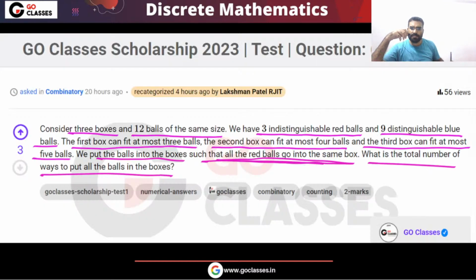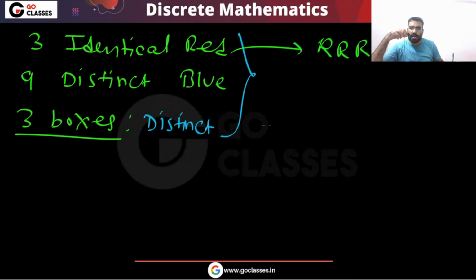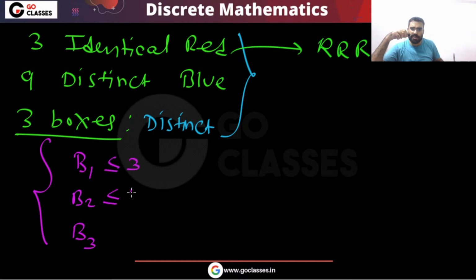Now tell me. All the red balls should go into the same box. Either they can go into the first box B1, or they can go in box B2, or they can go in box B3. Box B1 has capacity of at most 3, this has capacity of at most 4, this has capacity of at most 5. So I will have to consider 3 cases. Yes or no?